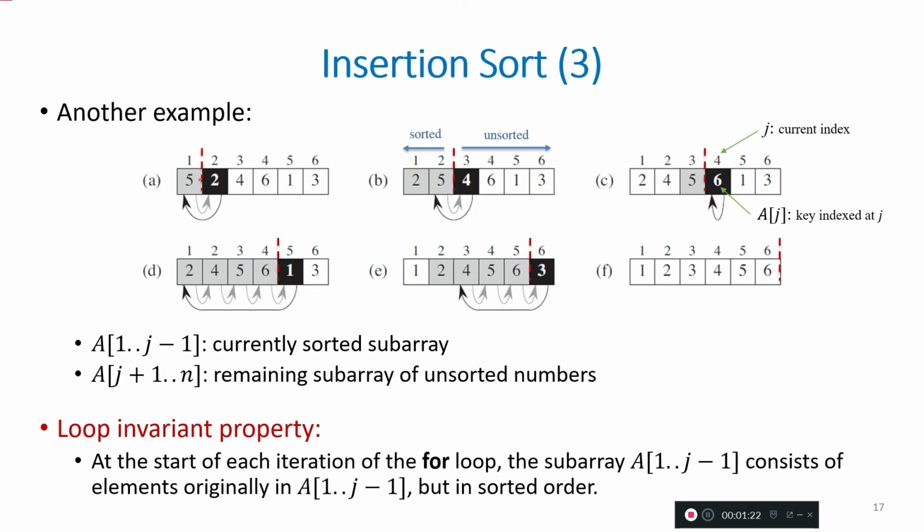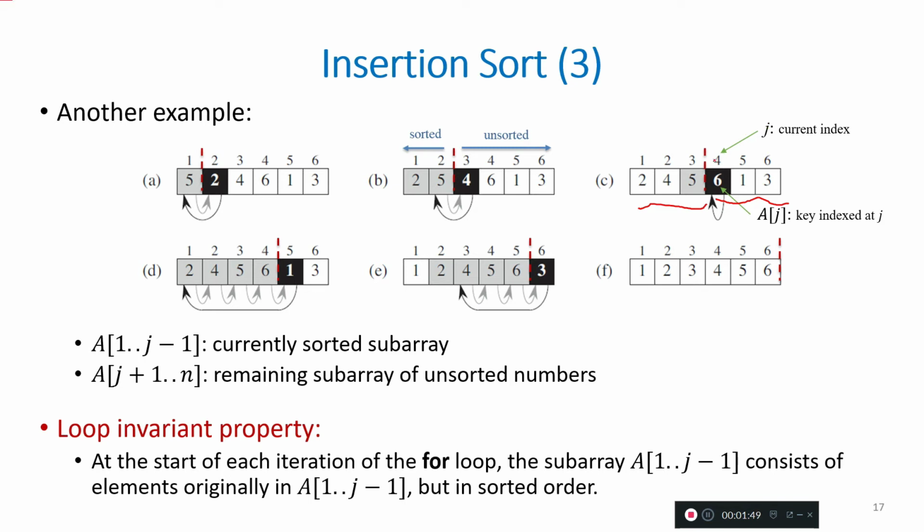So the red line over here is very important. This line tells us that every number to the left is already sorted, while every number to the right has not been sorted yet. And as I told you, this is a very unique feature of this sorting algorithm, which we call an invariant.